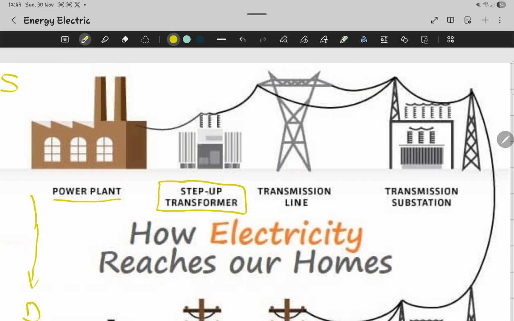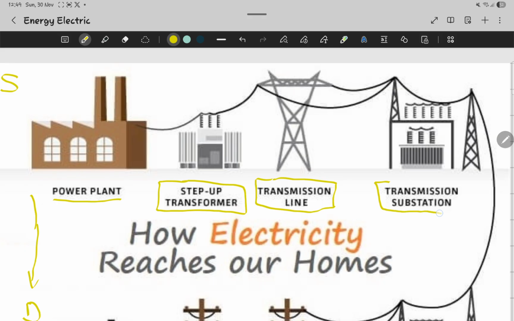That's why we're going to step up the voltage. This is just an example of one transmission line. In reality we do have many connected to each other, and when we send this we use this transmission line.